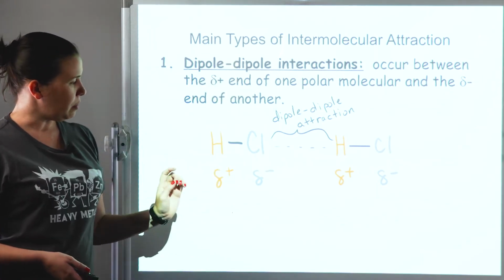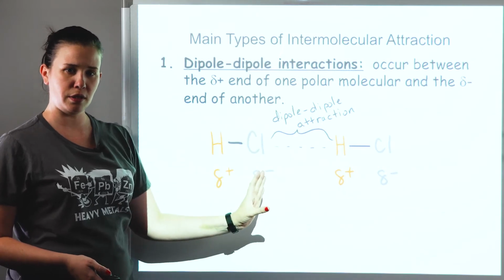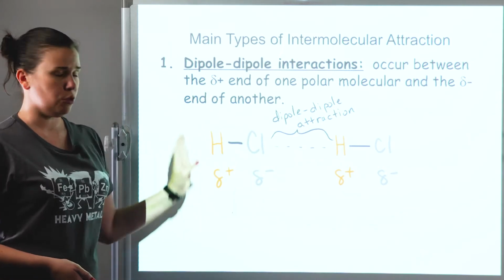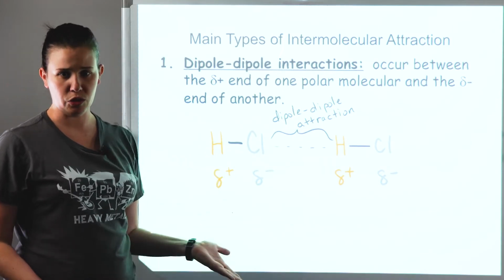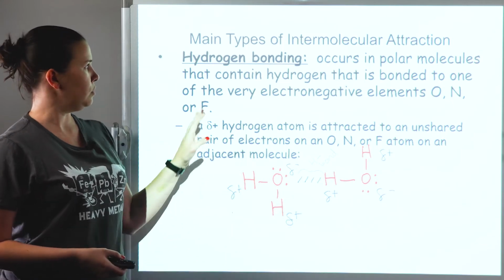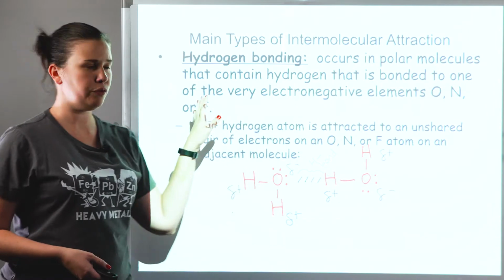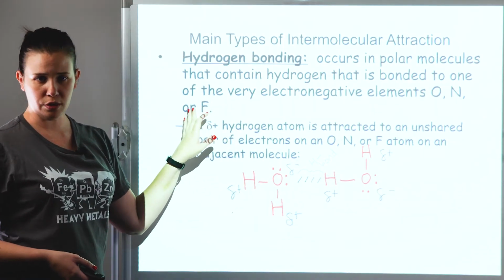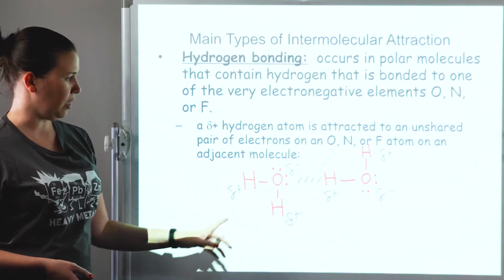So there's actually a special type of bond dealing with the most electronegative elements on the periodic table and the most electropositive atom that can form a covalent bond, which is hydrogen. We call that hydrogen bonding. That's going to be whenever you have hydrogen and oxygen, nitrogen, or fluorine, the most electronegative and similarly very high electronegative atoms.